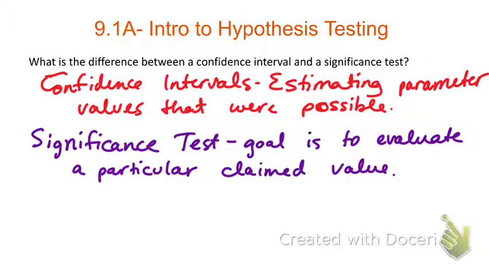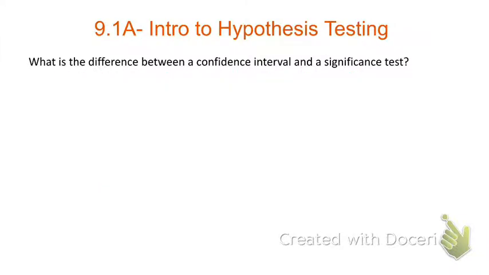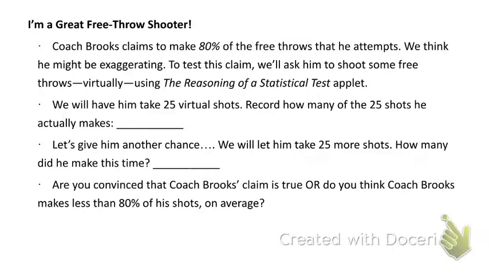We're going to be told that the value of the parameter should be this, and we're going to evaluate that based on the evidence that we are given. Okay? Cool? Cool.